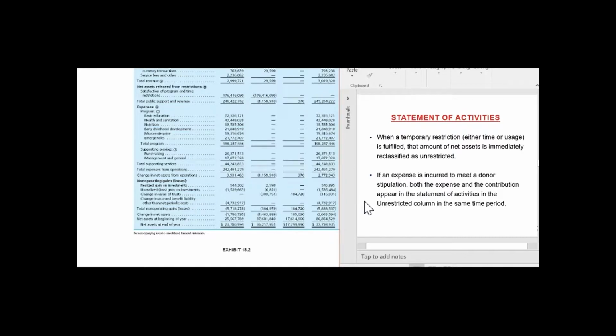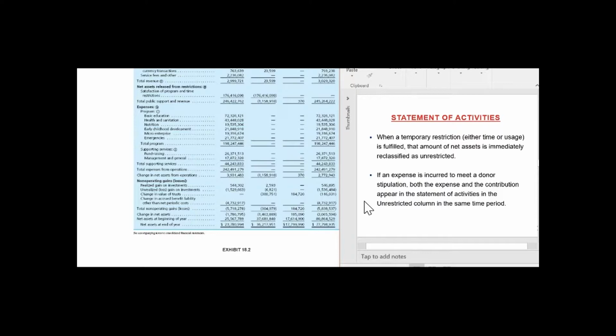Unlike for-profit entities, they don't show one specific number that reflects their performance, like the net income number. One thing you need to remember is that when any temporary restriction is fulfilled, say that temporary restriction was assigned by some external parties for a particular purpose or a certain future time period, then that amount is reclassified, and you have to move it from temporarily restricted to unrestricted.